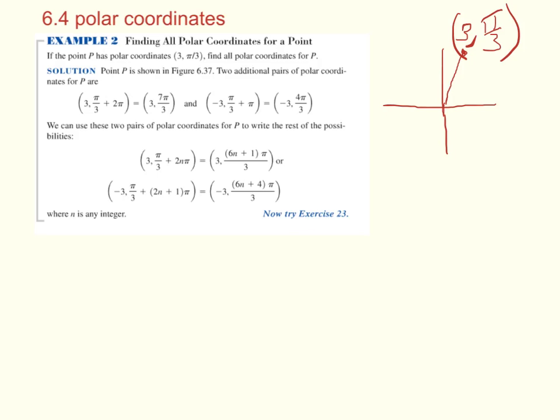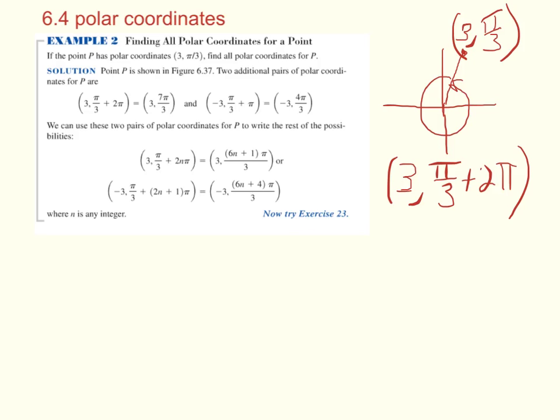It happens again 2 pi later, right? So in other words, from here we can go around another 2 pi and it would happen again. So we would write that point as (3, pi over 3 plus 2 pi), which would be another example. So it's the same point with different coordinates.